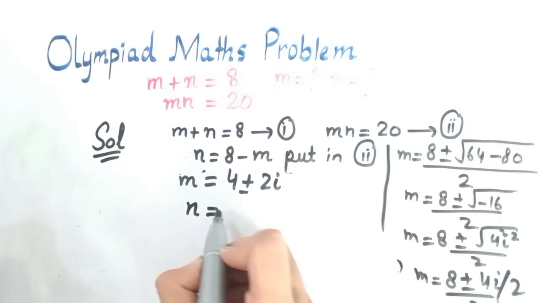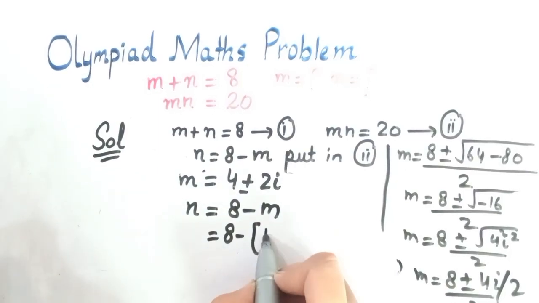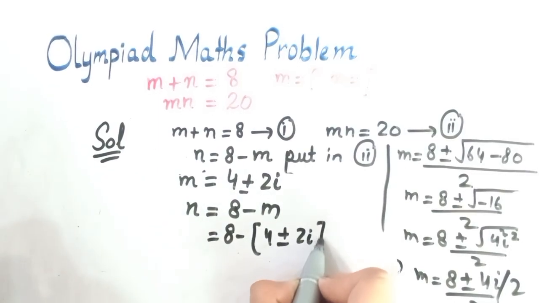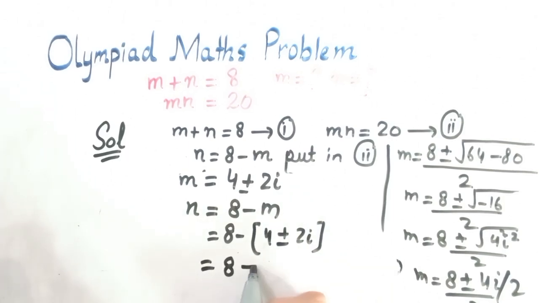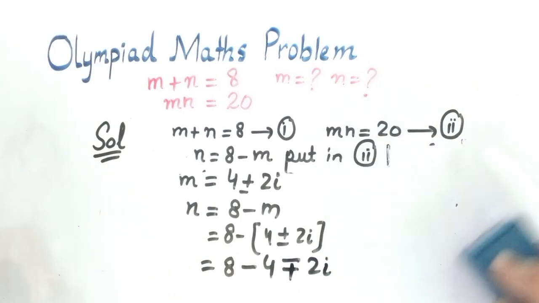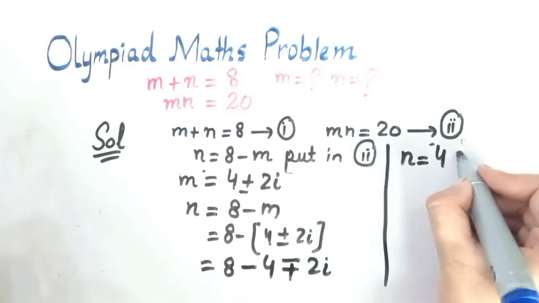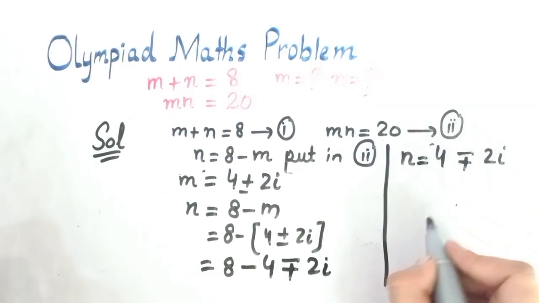So n equals 8 minus m, which means 8 minus (4 plus minus 2 iota). So this will become 8 minus 4, and plus minus will be reversed because of this minus sign. And what we get is the value of n: n equals 4 minus plus 2 iota.